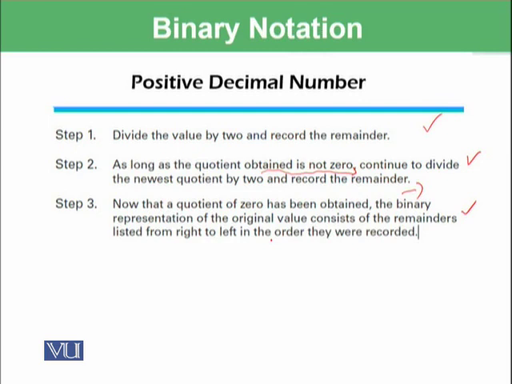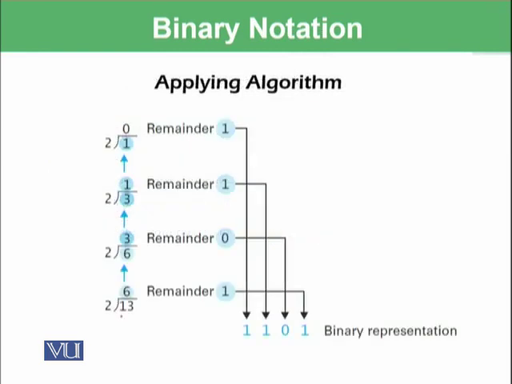Let's see an example. We want to represent 13, a decimal number, in binary notation. We divide 13 by 2. 2 sixes are 12, so 1 is left. This 1 goes here in the units place.